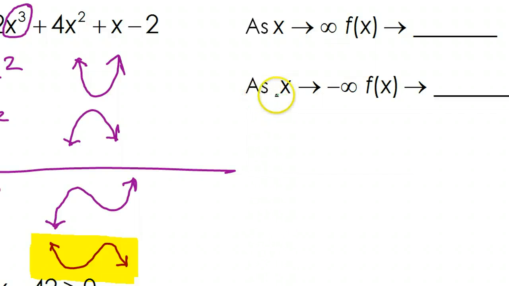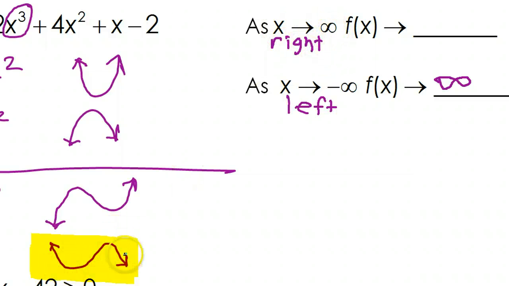Okay, so as we go to the left, this is the left side right here. As x approaches negative infinity, that means as we go left, it goes up, so that would be positive infinity. This is the one that means as we go to the right, because it's as x approaches positive infinity, that's to the right.